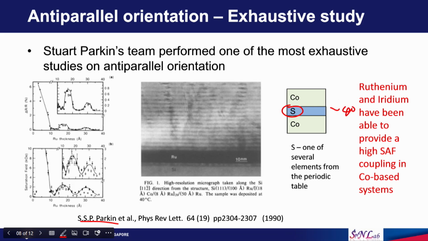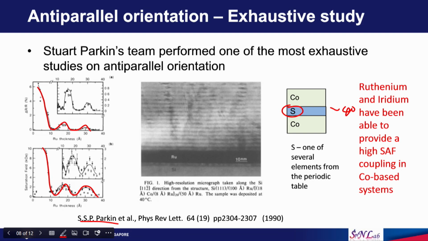So, he studied the exchange interaction between the two cobalt layers separated by various spacer layer materials, and they observed this kind of oscillation in the resistance or saturation field.